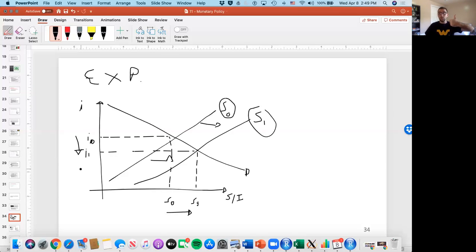With the increase in reserves, the bank can increase loans to people. So in other words, it can supply more money to the economy. So the overall supply curve of loanable funds is going to increase. So the total funds for investment and saving is going to increase, right?